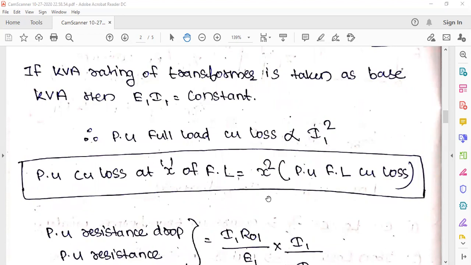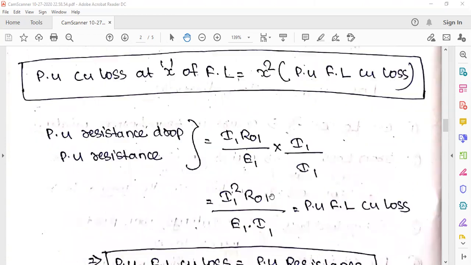That's it. And one important conclusion that we come to from here is that per unit resistance drop, or per unit resistance, can be calculated like I1 R01 by E1 into I1 by I1.